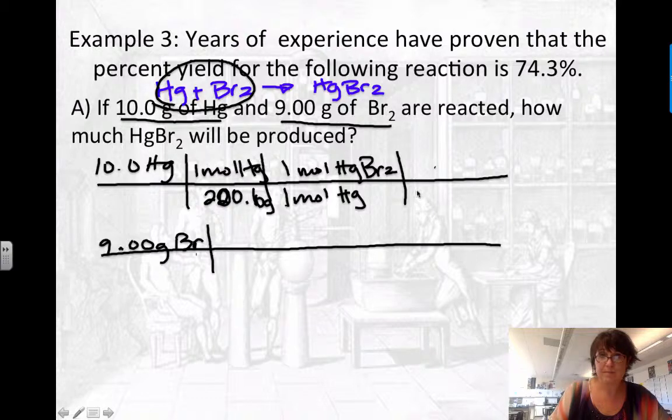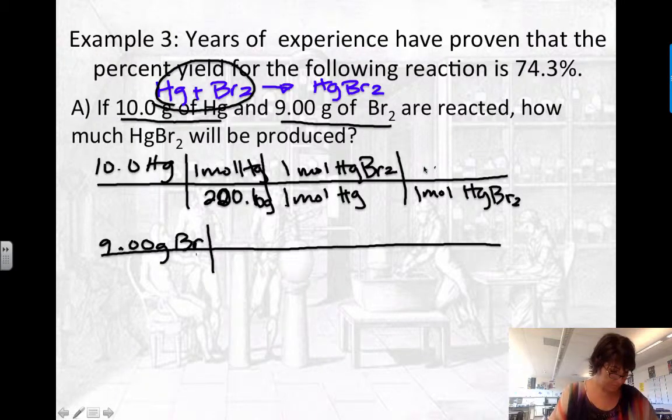Just FYI. And I need to get to grams, right? Yeah, let's go ahead and go to grams. Okay, so then 1 mole of mercury bromide weighs how much? Add 200.6 to, let's see, bromine is 80, so 160 plus 200, that's a big molecule too. I didn't go to grams.